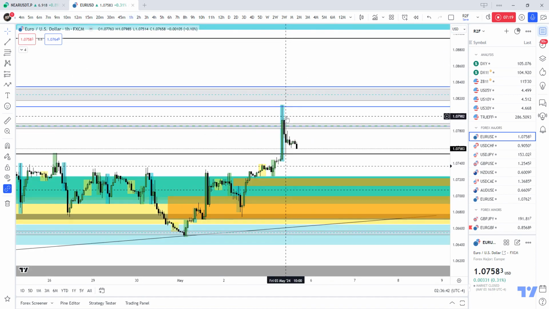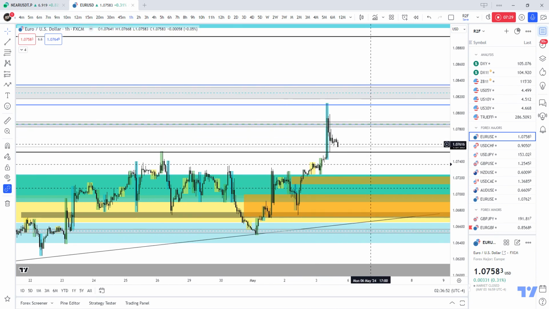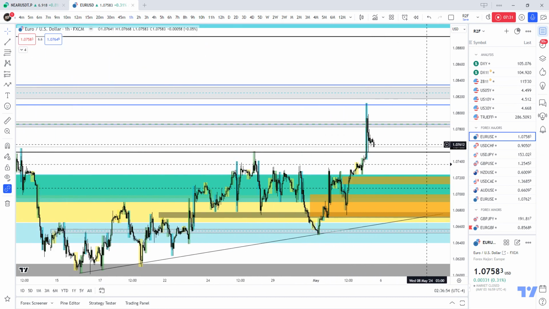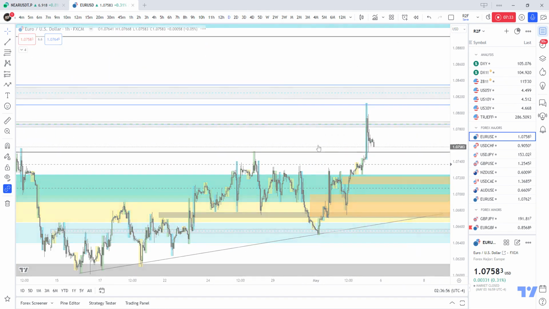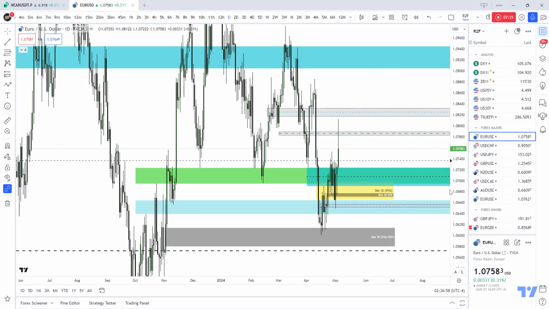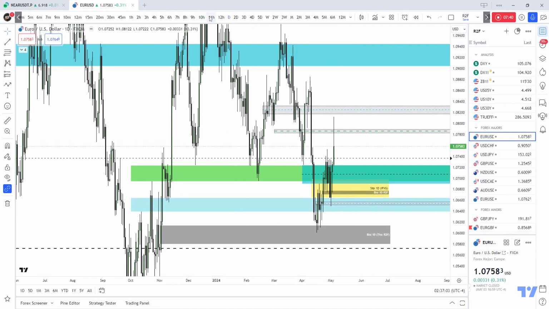So I managed to catch a short somewhere in that area. I wasn't at my computer at the time, but I managed to get into a short. And now I put my stop loss to break even because I'm anticipating price potentially making one more high, maybe through manipulation.